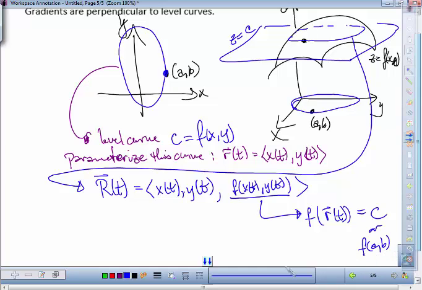But more importantly, this is constant. Does that make sense? Now, it seems like whenever we have something equal to a constant, we really, really want to take the derivative of it. That's what we're going to do.